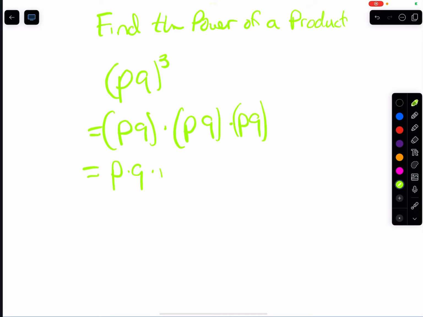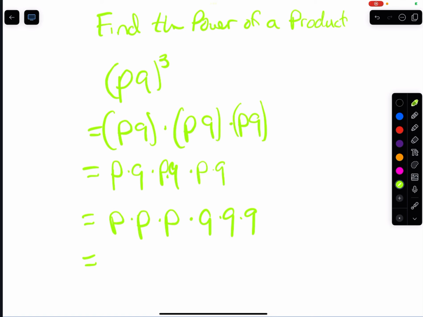We have 3 factors of each, so we can commute those around. P times P times P times Q times Q times Q, which gives us P cubed times Q cubed.